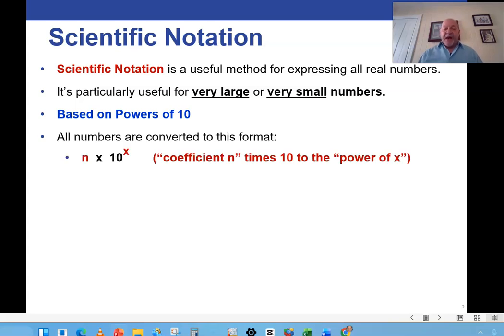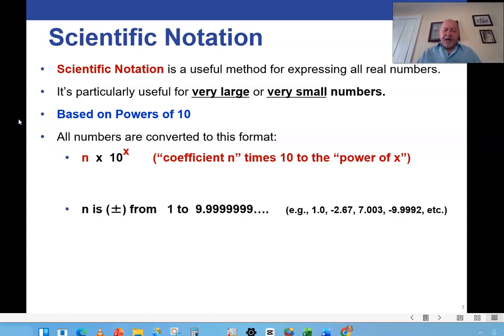And the format for standard scientific notation is this: n, some number, times 10 to the x. Now, you just can't have any number be n or any number be x. There are rules. N has to be some number between 1 and just under 10. So it can't get to 2 digits before the decimal place, but it can go from 1 to 9.99999 forever.